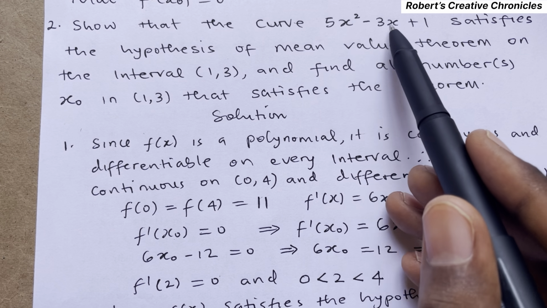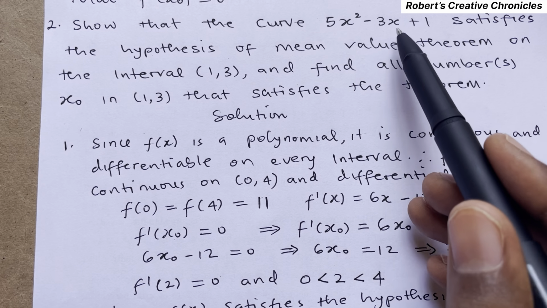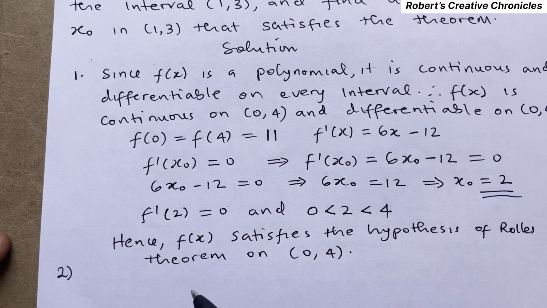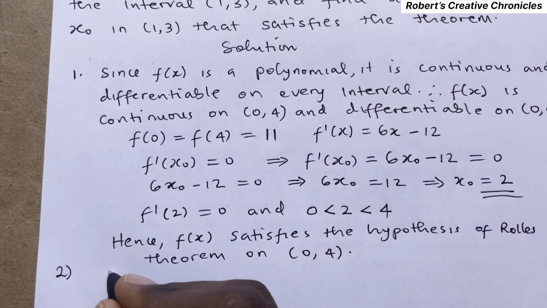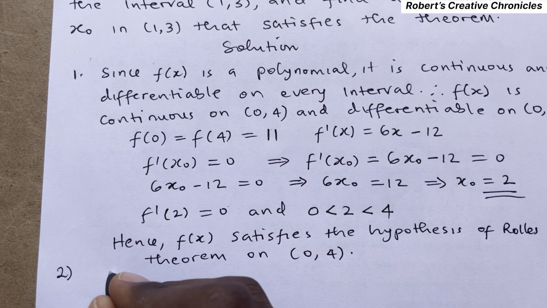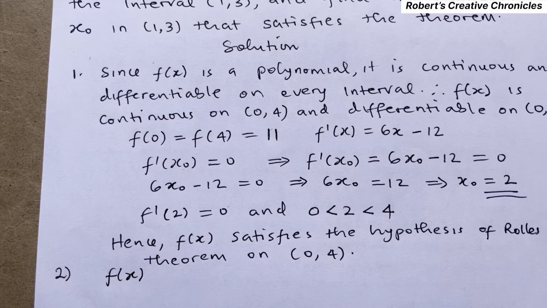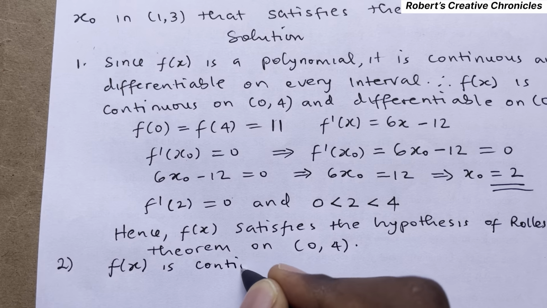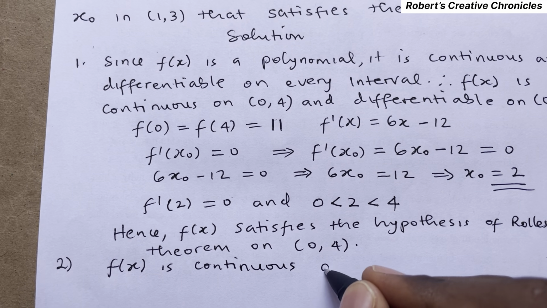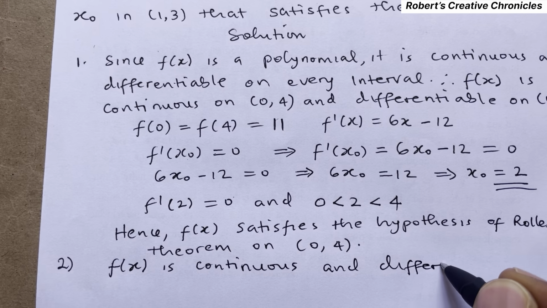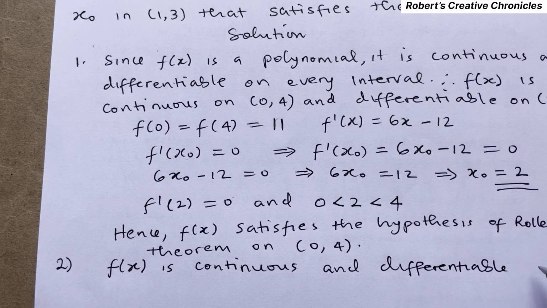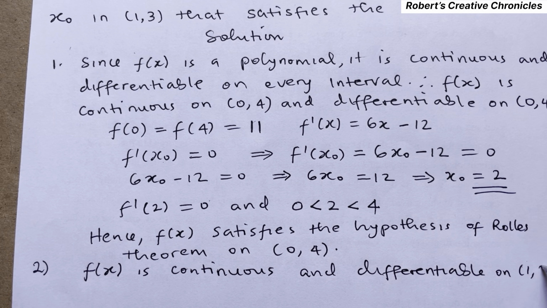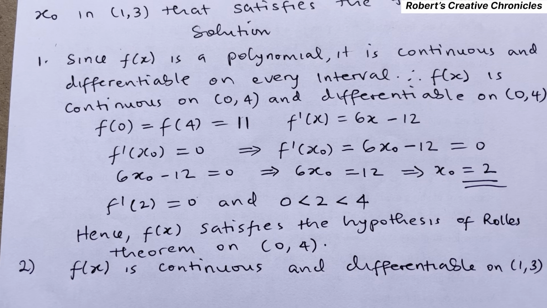Now this function is a polynomial. That means it is continuous and differentiable on every interval, including this one. So we can say that f x is continuous and differentiable on 1, 3 because it is a polynomial.